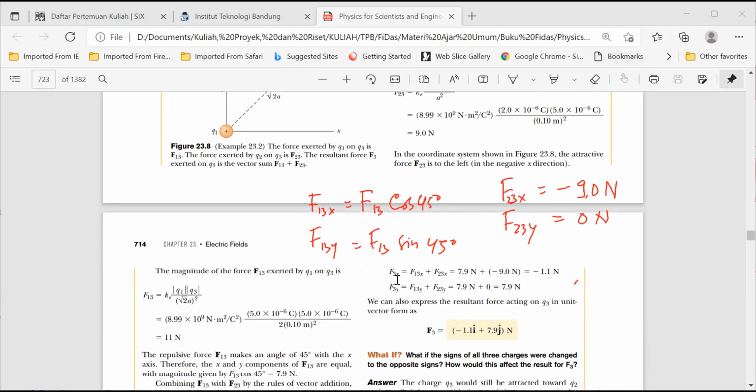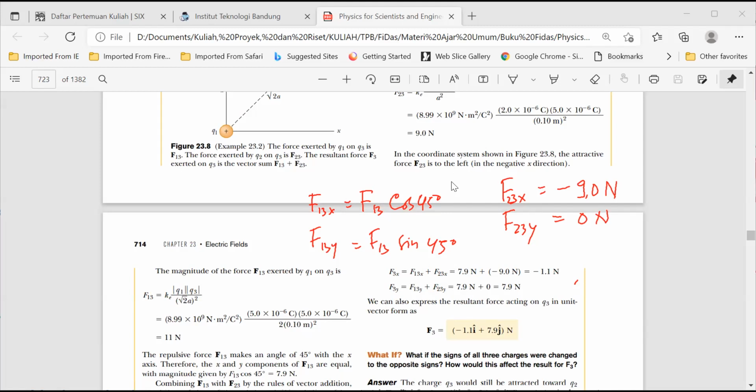So we get that the x component of F3, the resultant of F13x and F23x, is equal to minus 1.1 Newton. And also the y component of F3, the resultant, is still 7.9 Newton. Okay. So the direction of this y component is up, positive, okay.